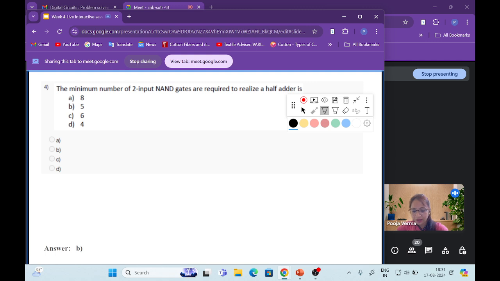So can anyone tell me what is the Boolean expression for sum and carry of a half adder? The Boolean expression for the sum of a half adder is x XOR y, right?